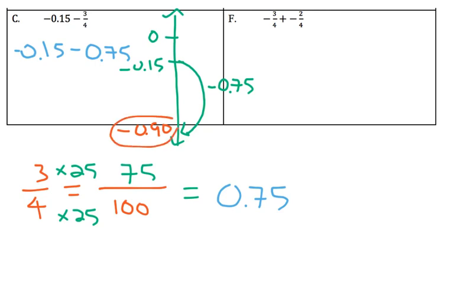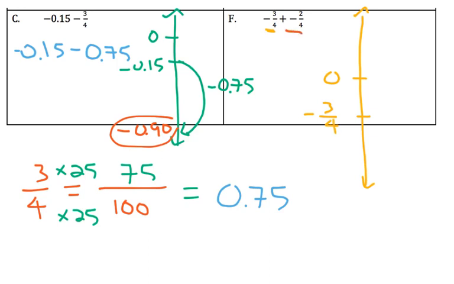All right, and F says negative 3 fourths plus negative 2 fourths. And it helps to pause and say, wait a second, where is this starting and which direction is it going? Well, the negative 3 fourths, that's our starting point. So I'm going to go ahead and make an open number line and marking 0. Below that, I'm going to put our starting point, which is negative 3 fourths.